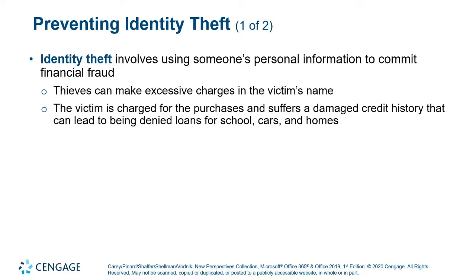And as far as anybody can tell, it was you that made this purchase. And this can damage your credit. It can leave you with bills that you are not able to pay, or legal disputes that can drag out for extended periods of time. And so it is exceptionally important that you protect yourself in all the ways that we've talked about in this lecture today to prevent your identity from being stolen.